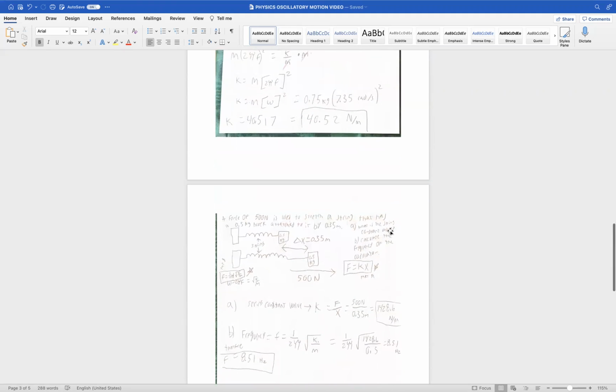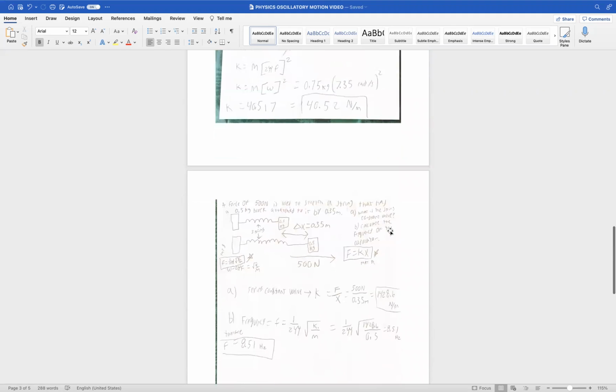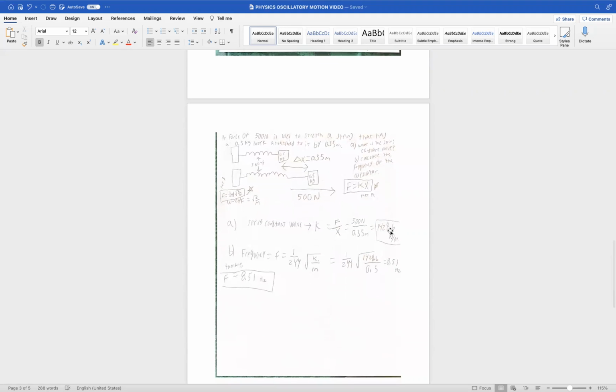Now, for my next question, it involves a force of 500 newtons used to stretch a spring that has a 5.5 kilogram block attached to it, and it moves it by 0.35 meters. What is the spring constant value, and calculate the frequency of the oscillator?